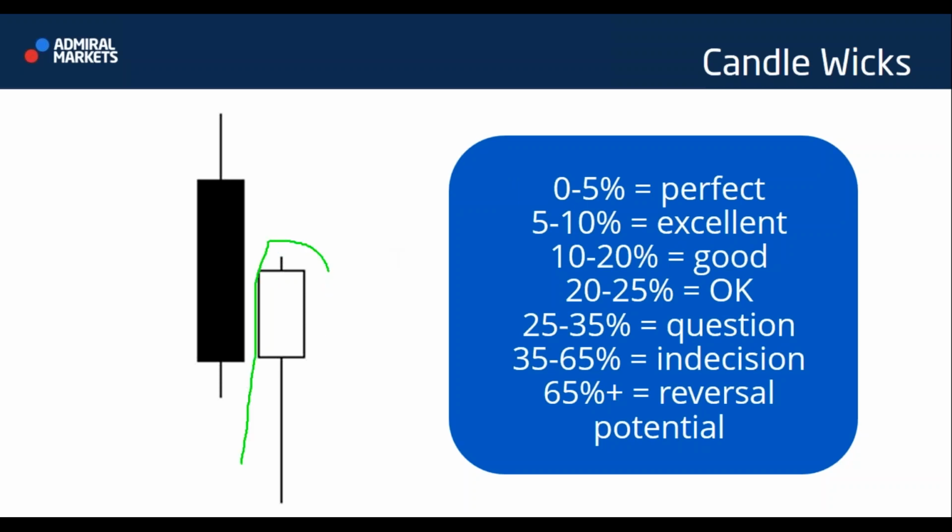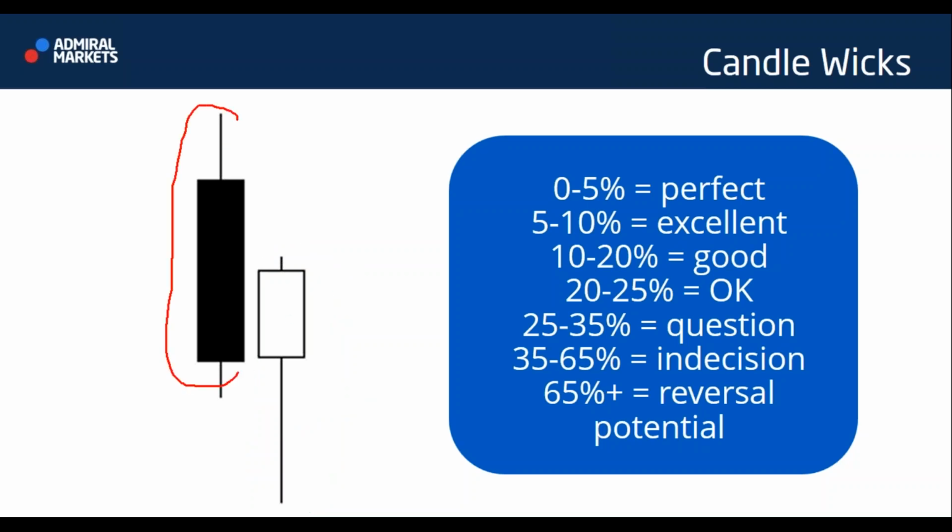So looking at this right candle, we have a 65% wick probably at the bottom, I would say, close to it, maybe 60, but it is reversal potential, plus a candle close near the high. So you can see what kind of information that candle gives. Two bullish clues, in fact.